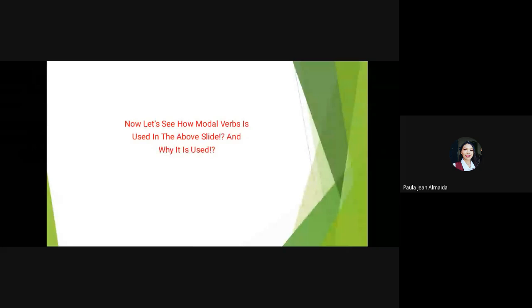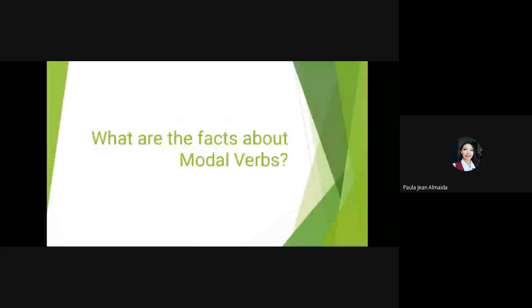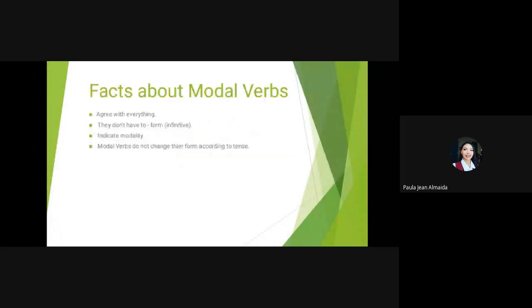Okay, thank you. The next is, what are the facts about modal verbs? The first one is, modal verbs agree with everything. You can take any one of the modal verbs and use it with any subject and it is not going to change.